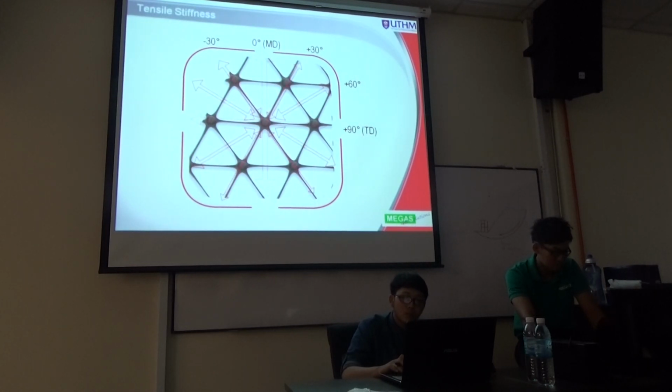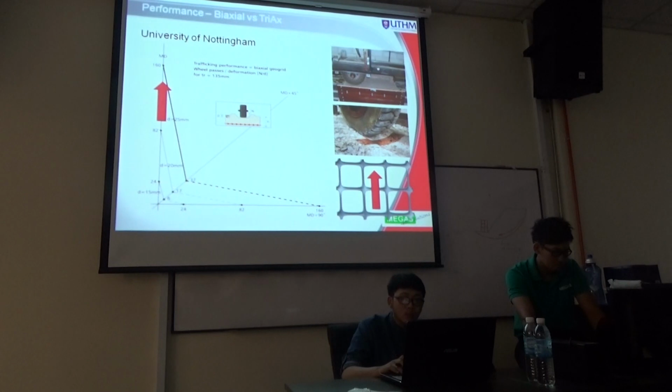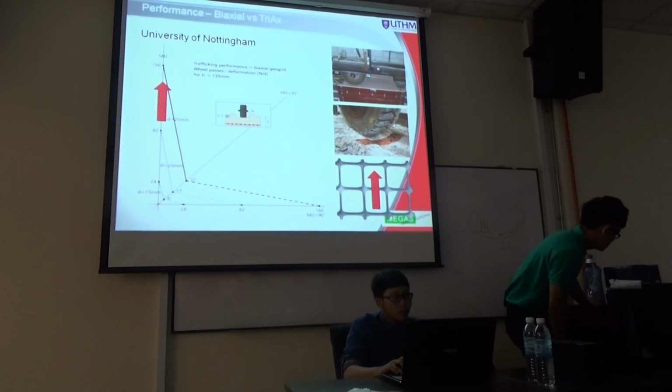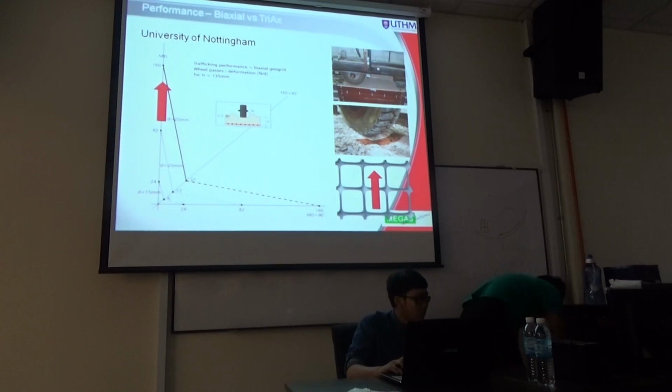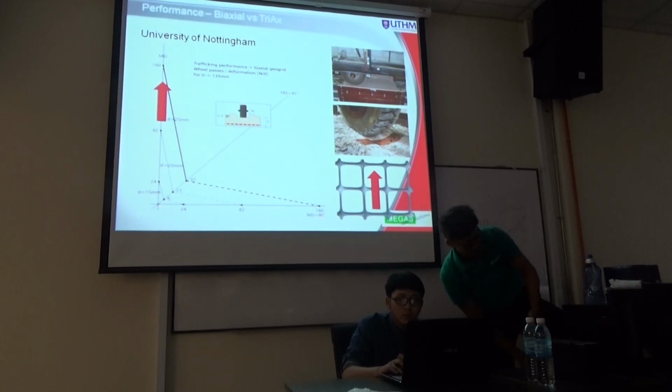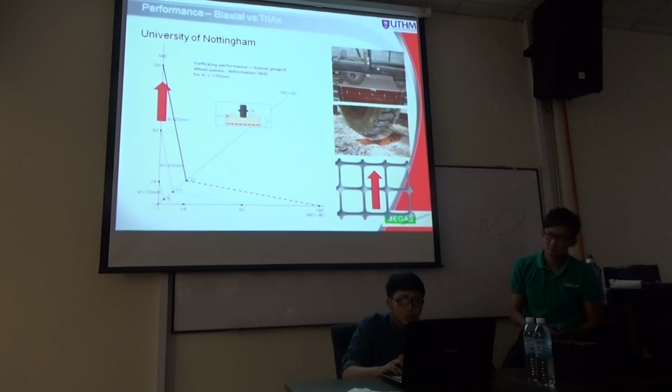In this diagram, they ran trafficking tests on the biaxial geogrid to see the performance in the main direction, then the main direction plus 45 degrees, and then plus 90 degrees. Here it has 160 passes, where the deformation is 25 mm.